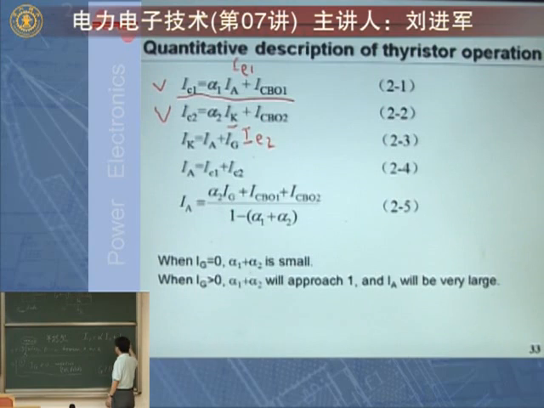This current is usually very small. Collector current is always equal to alpha multiplied by IE. Alpha is what we call the transfer coefficient.